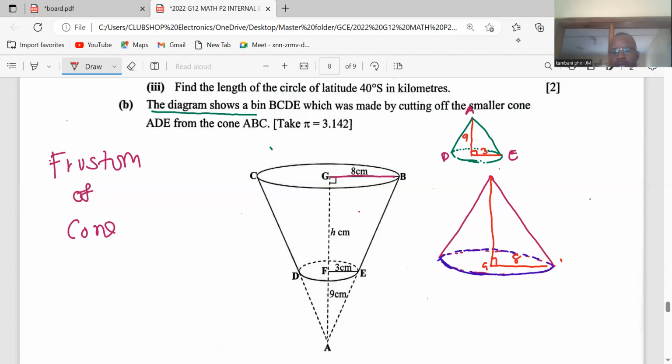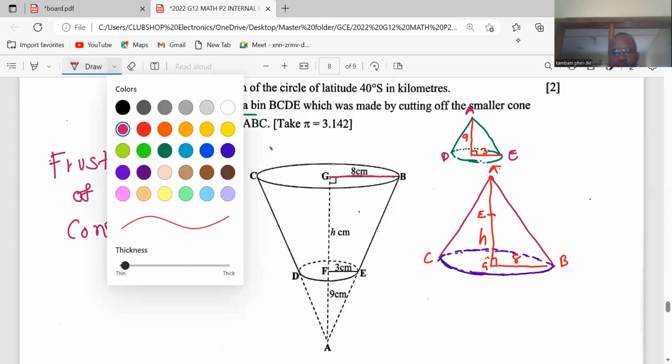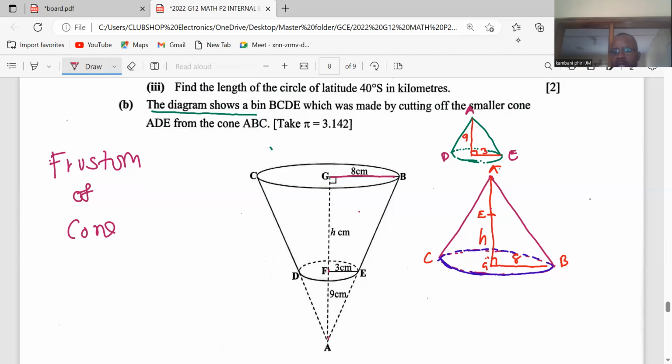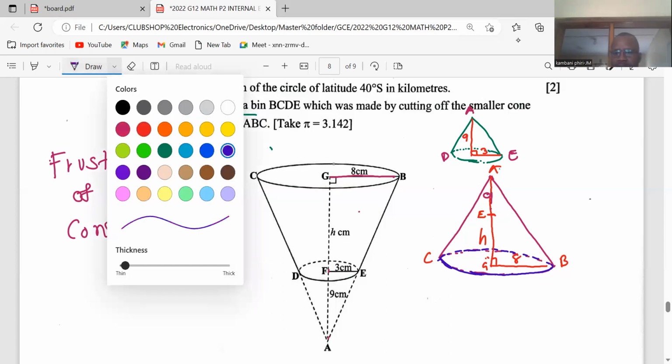And this is B, this is C, and this is our A. So from G to some point E, we've been told that this is H, but from H to A, it is 9.